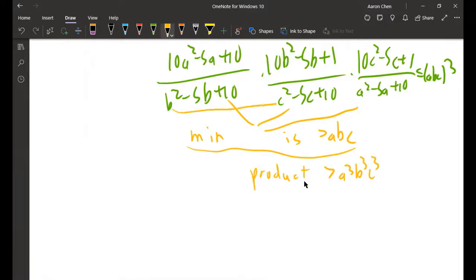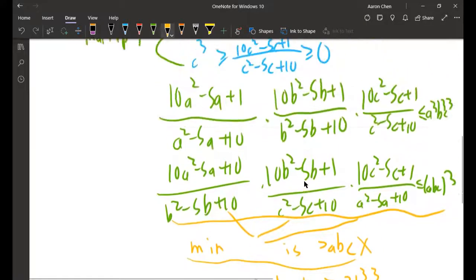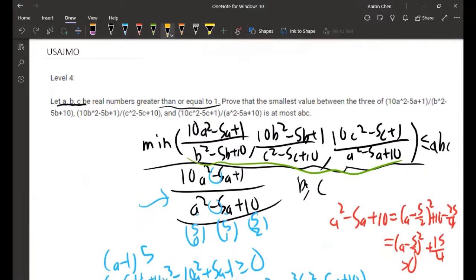But here we see that this product is actually less than or equal to ABC cubed. And so that leads to a contradiction. And so what that means is that this is false. And so the minimal term of the three is actually less than or equal to ABC. And so that was what we wanted to prove. And so we're done.